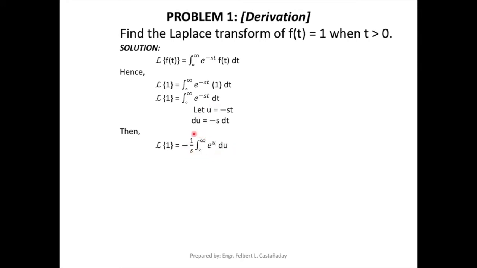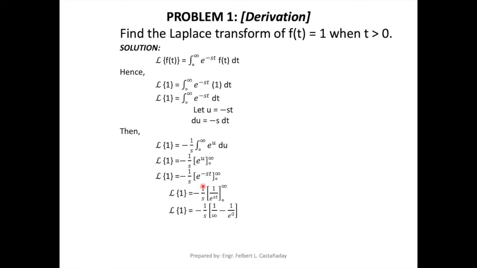Maybe you're asking why negative s. This is a neutralizing factor coming from this substitution. Now we can determine the integral of e raised to u du, which is e raised to u, and then we bring back the original value of u, which is negative st.